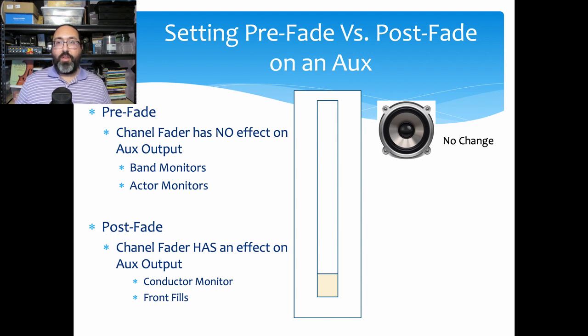And this is why we like to use pre-fade with monitors, so that our adjustments at front of house have no effect on what the band is hearing. They need to hear what they need to hear. We need to hear as an audience member what we need to hear, and we don't want what we're adjusting out in the house to affect what they're hearing.